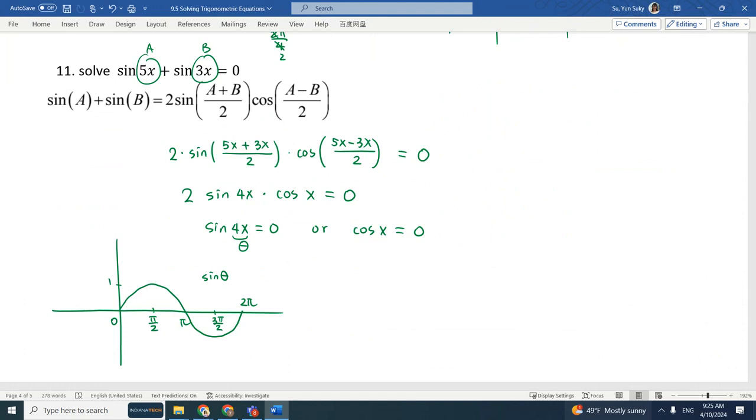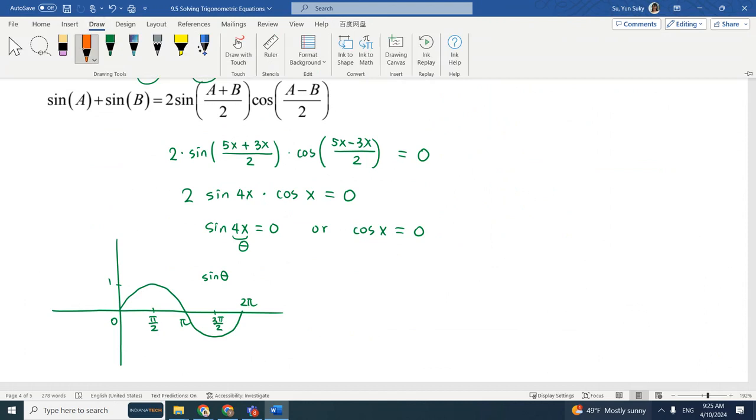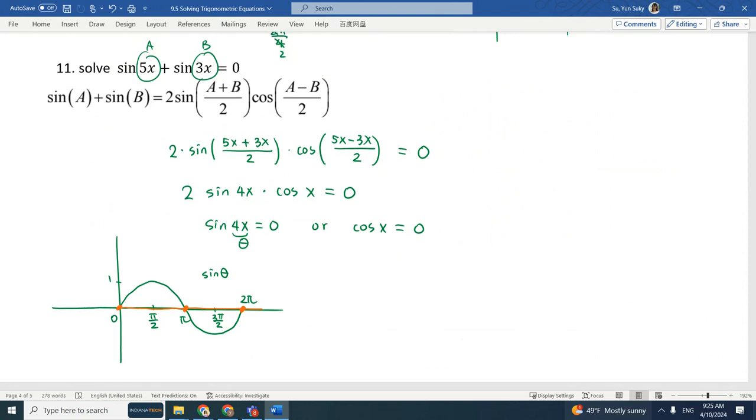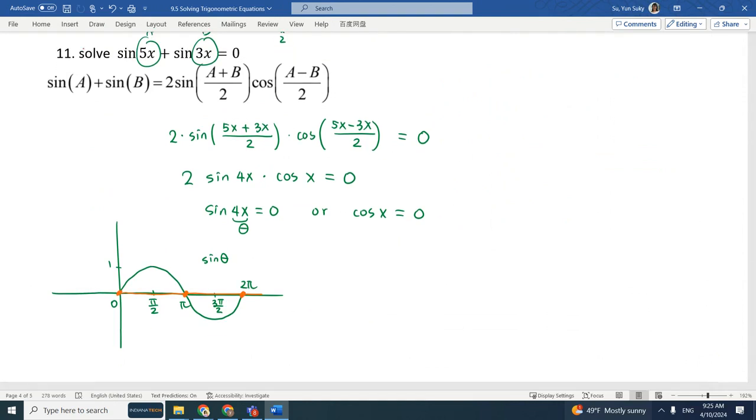Okay, now y equals 0. What happened with theta? Do you see theta here is either 0, pi, or 2 pi?